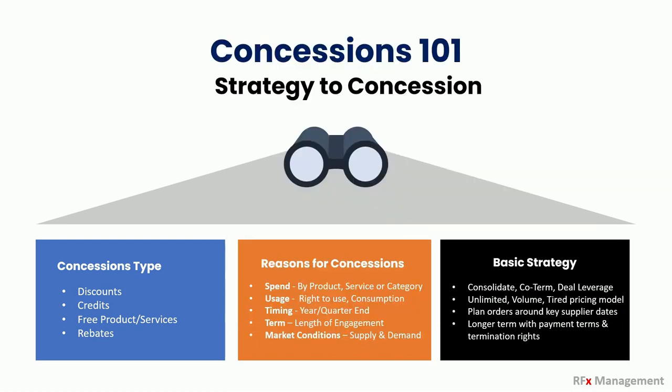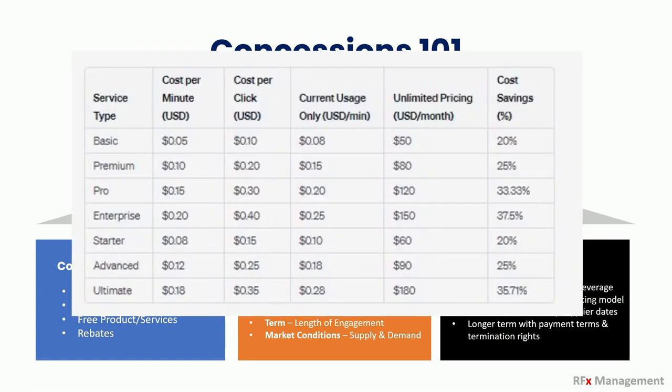Let's talk about unlimited volume and tiered pricing models. Have a strategy where maybe you're in a usage-based deal and you realize that your usage is very high and you're overspending, maybe you're paying per minute, per click, or per usage of that particular product or service.